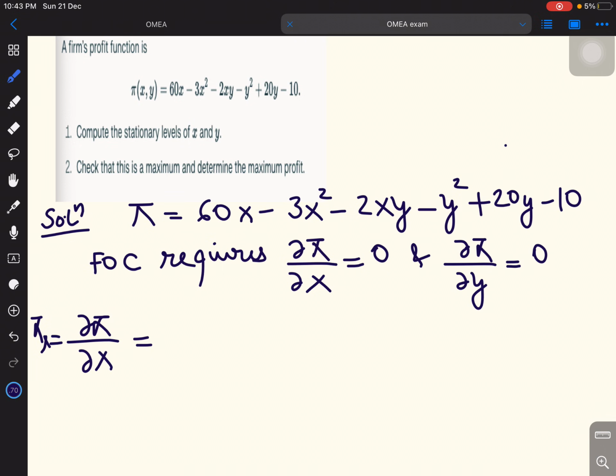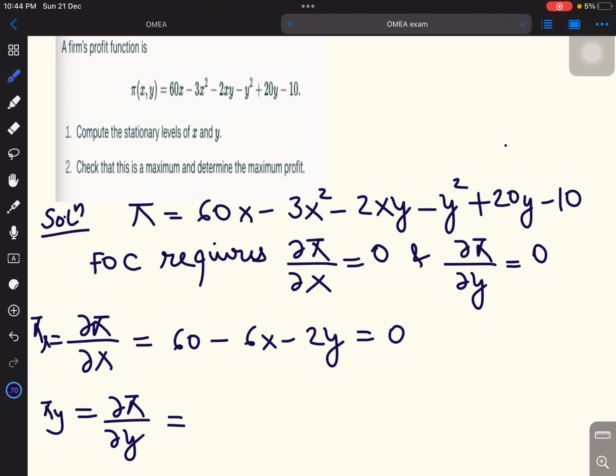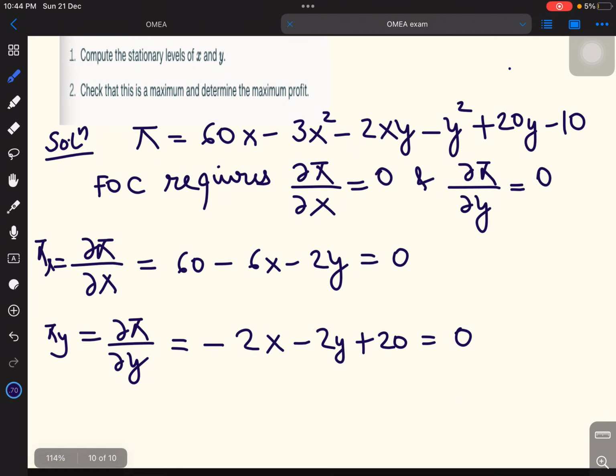So we get 60 minus 6x minus 2y, and let's put it equal to 0. Then pi y, equal to delta pi by delta y, equals minus 2x minus 2y plus 20 equal to 0.